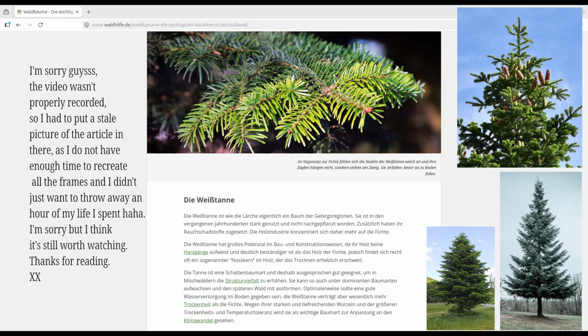And yeah, fühlen sich weich an, so they feel themselves soft on, you could say, because an means on or at, but of course this doesn't make sense, that was just again to translate that literally. Und ihre Zapfen, and her, or in English you would say its, Zapfen, cones, hängen nicht, so hang basically not, they hang not, the cones hang not, or don't hang in English.